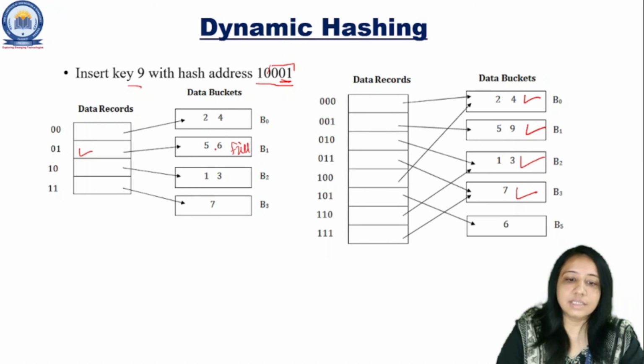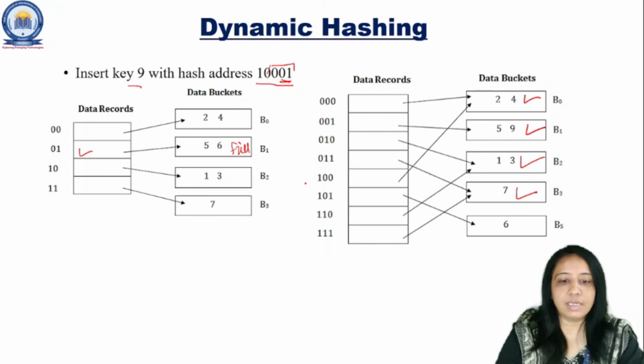Now 6 is going to be separated, because 5 and 9 are going to be stored in bucket B1. An extra bucket is added, suppose B5, where the last three digits are 101.